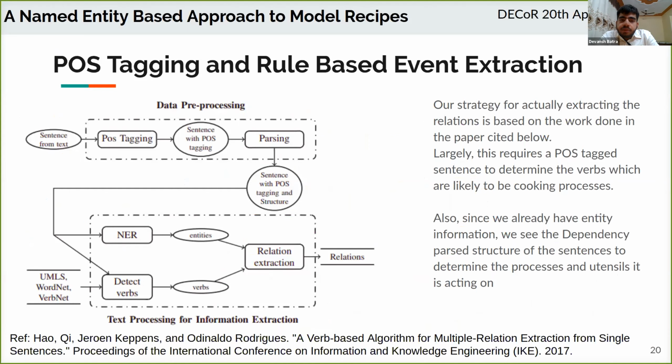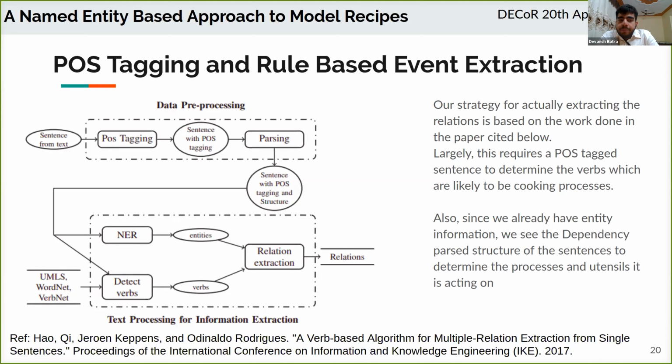Rule-based event extraction. We use a modified version of the algorithm detailed in the paper cited below from the International Conference on Information and Knowledge Engineering. We found all the verbs using POS tagging. We found the entities and verbs which were associated with it in the same dependency tree to find the tuples of relations, and these tuples were used for further processing.